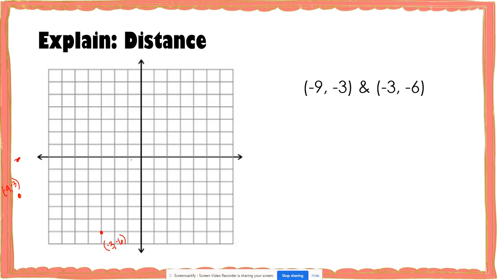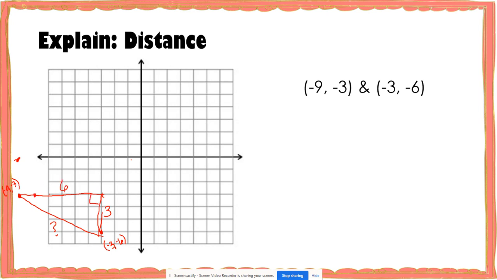Well, my question is, what is the distance between these 2 points? Well, again, we're finding our horizontal and vertical distances. So we need to know these 2 distances right here. Well, I know that this distance is 1, 2, 3, and this distance is 1, 2, 3, 4, 5, 6, because mine actually went off 2 spaces.